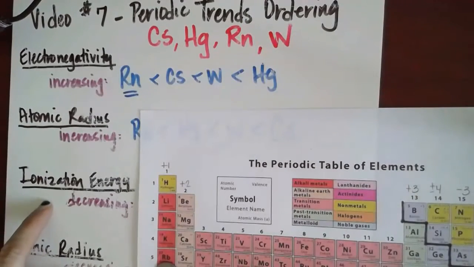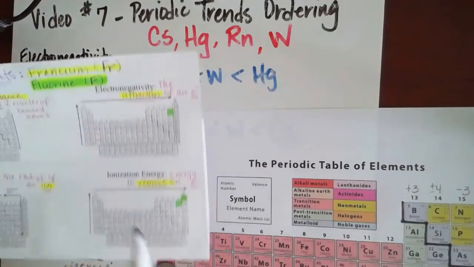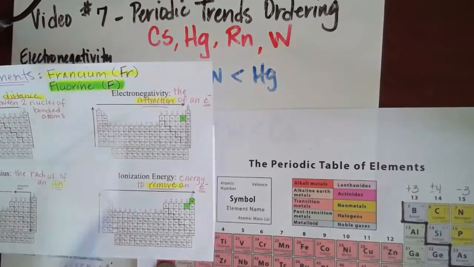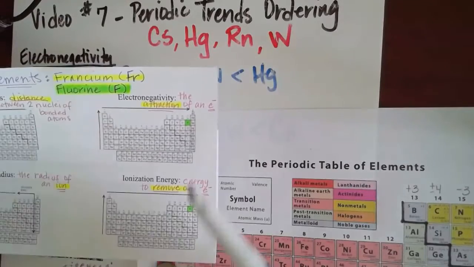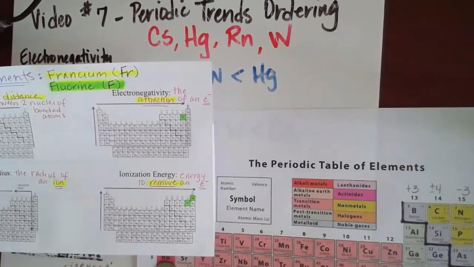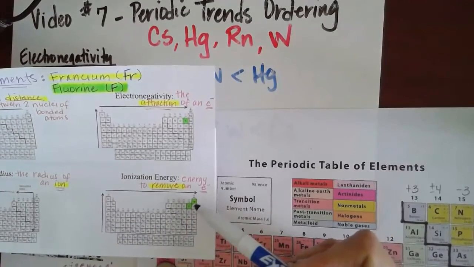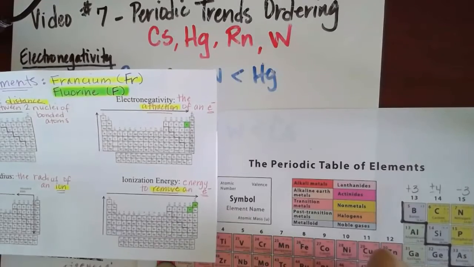For example, ionization energy. Remember, ionization energy is basically the exact same thing as electronegativity. The only difference now, unfortunately, is that your noble gas is included in this, which means that our noble gas should have the greatest ionization energy.